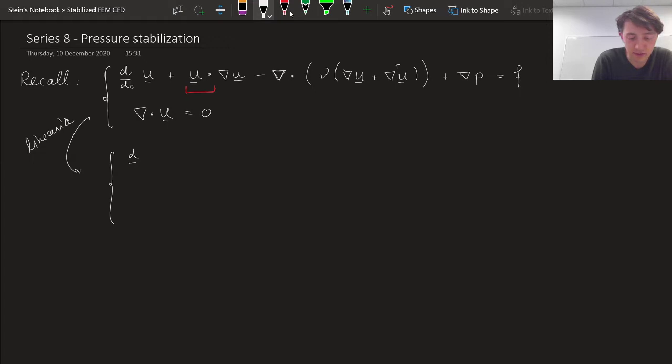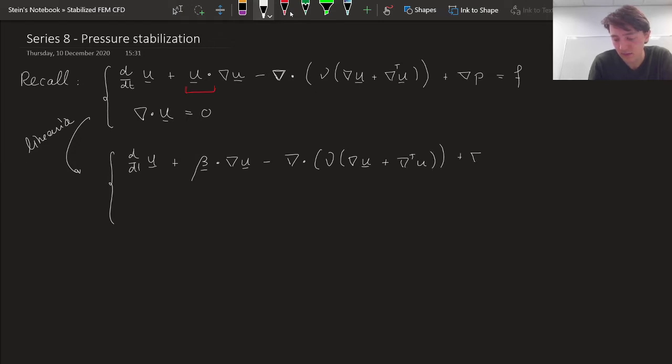So we still have our time derivative, but now I'm replacing this first u by some vector field beta. And of course our second equation is still divergence of u is 0.